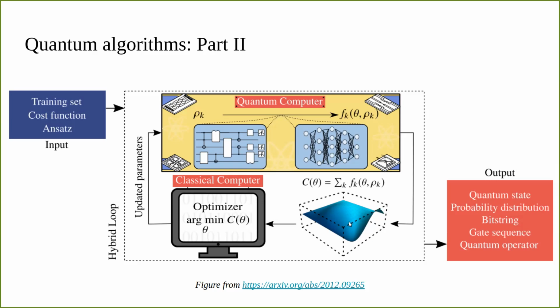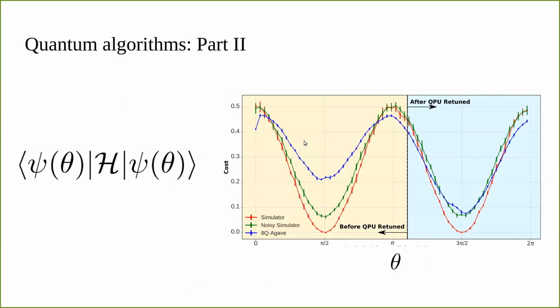So it's a typical optimization procedure, but the portion of evaluating the cost function, or at least some of it, is done by a quantum computer. An example of this is we can have the cost given some Hamiltonian, which is a particular observable which gives the energy of the system, and a single qubit wave function parameterized by one angle. I can sweep the angles from 0 to 2 pi.